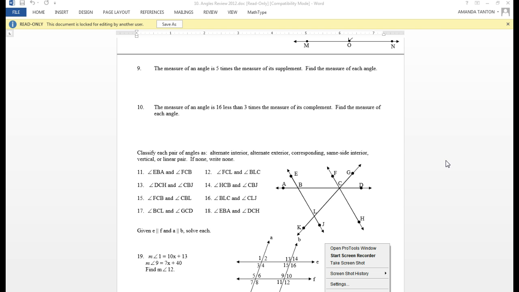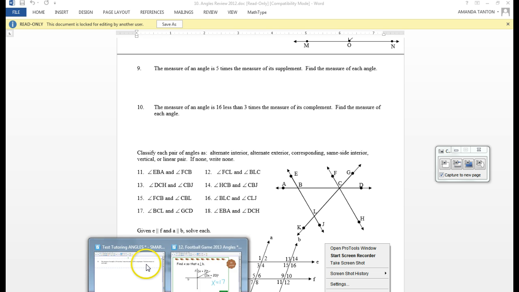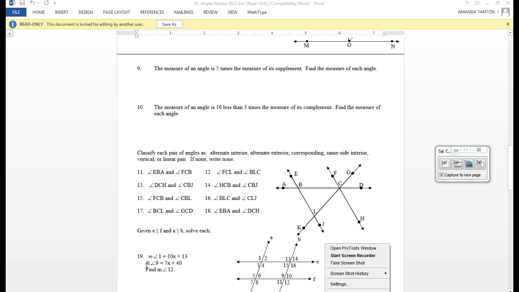Not funny. Is 10 going to be this one? The answers are online. I'm doing number 10 because I was asked that one first, and if my computer will ever cooperate with me. Well, come on. Okay, never mind. I'll just work it right here because it won't do anything.